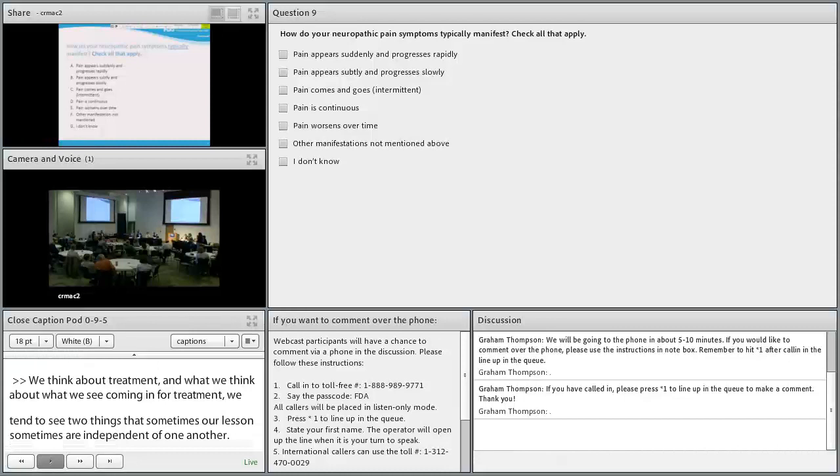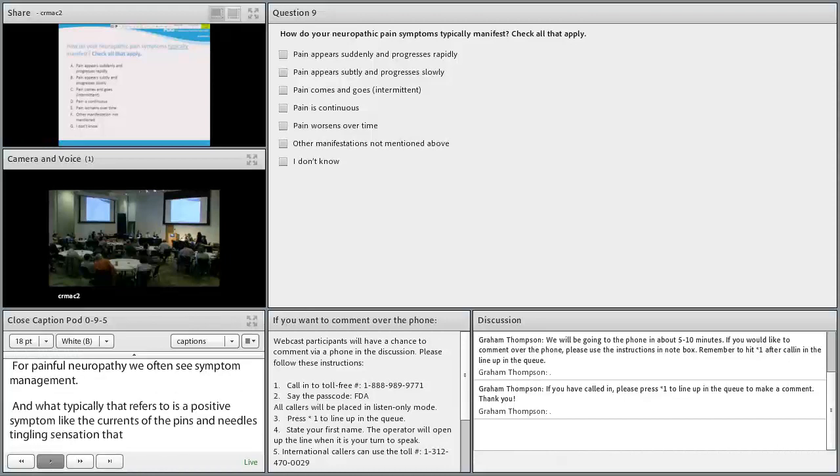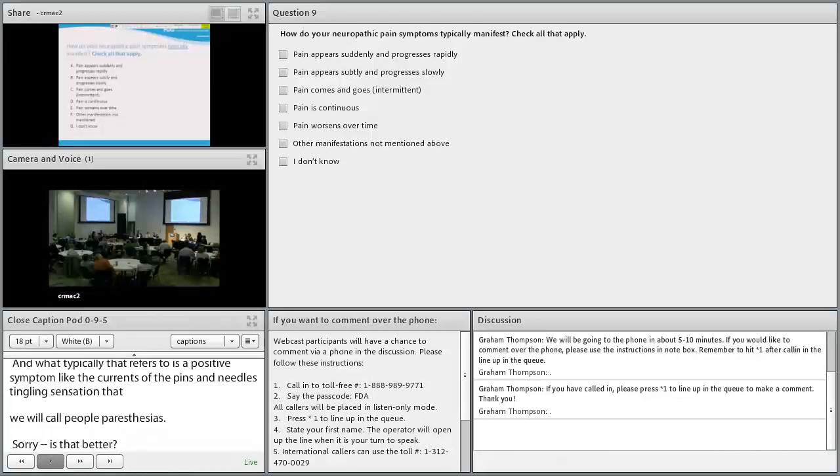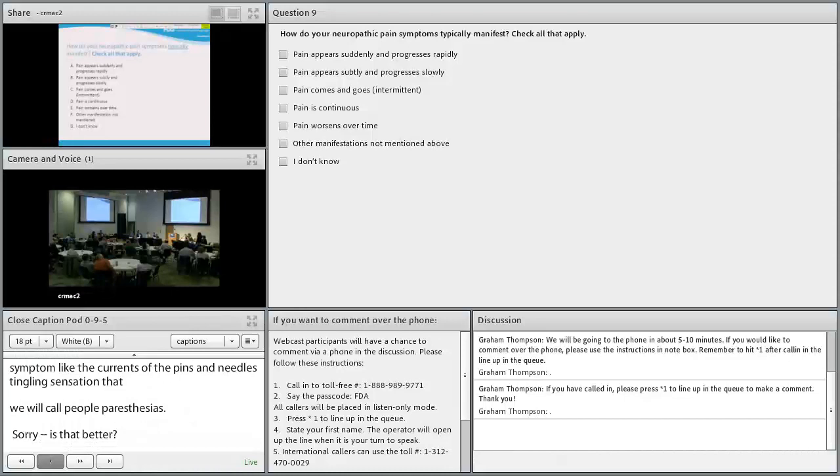And what typically that refers to is a positive symptom, like the occurrence of these pins and needles, tingling sensations, what I will call painful paresthesias.